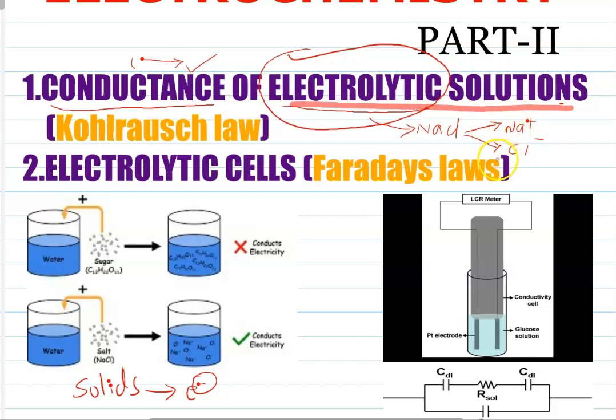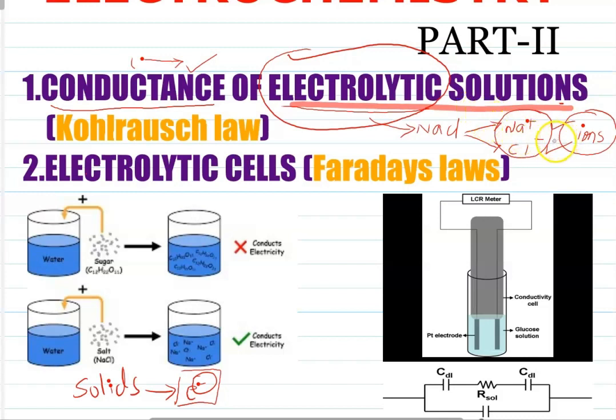When they are melted or become a solution, they form their corresponding ions, and these ions conduct the electricity. So in solids the electrons are responsible for conduction, whereas in electrolytic solutions the movement of ions gives you the electricity. This is the basic difference between a solid and an electrolytic solution.